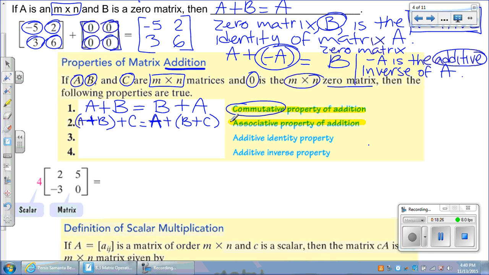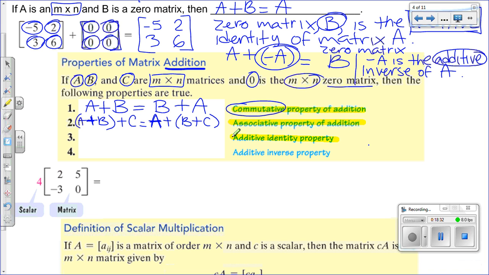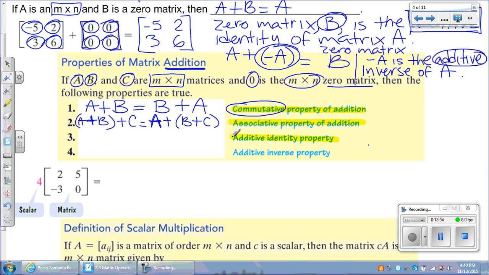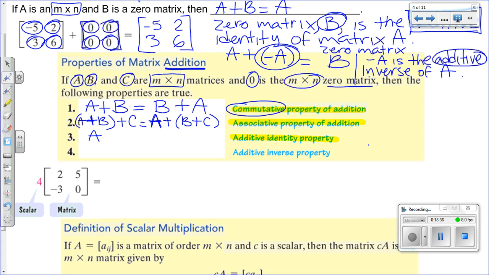The next one, we call it the additive identity property. And that will be the following. If we add any matrix to the 0 matrix, we will obtain the same matrix. And also, we could say that since matrix addition is commutative, we could write it the other way.